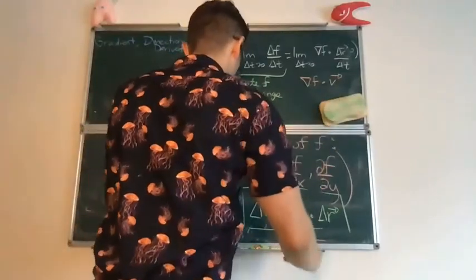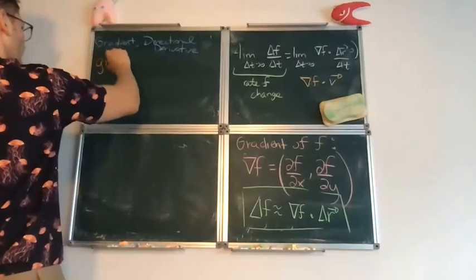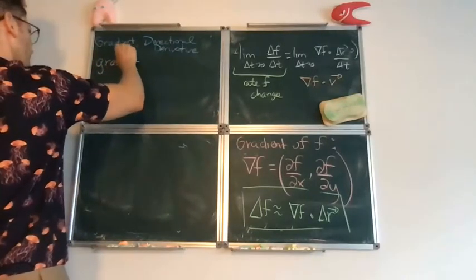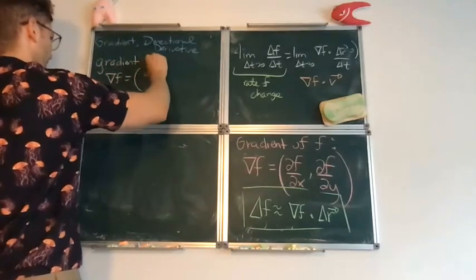So again, here are the key formulas. The gradient of a function is a vector of partial derivatives.